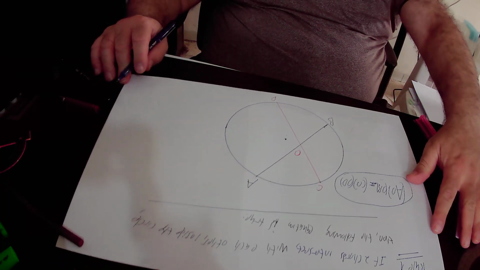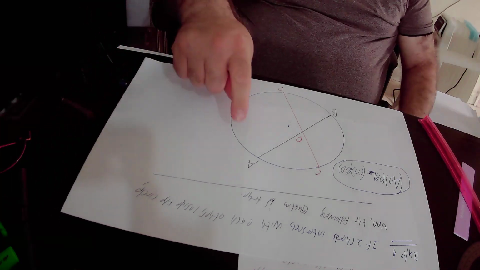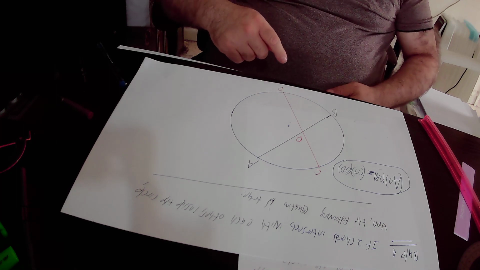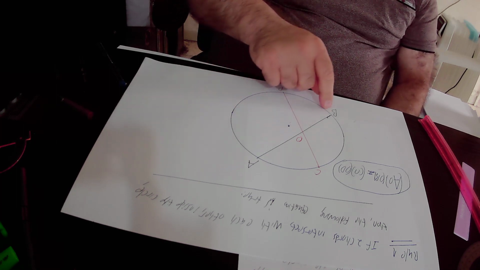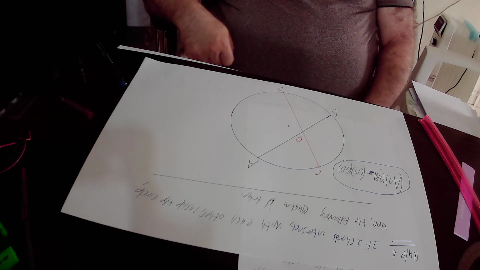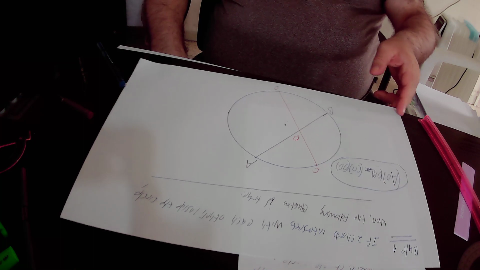I repeat again, if chord AB intersects with chord CD at point O, then the following equation is true: AO times OB equals CO times OD. Okay, so actually we can implement rule number 1 in our drawing.